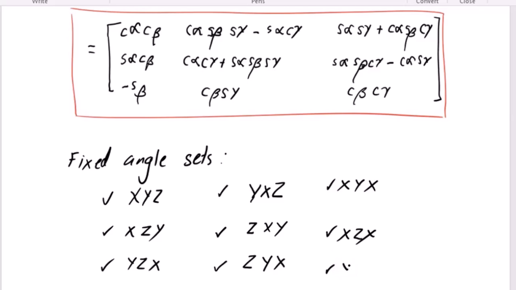This is Y, Z, Y. This is Z, Y, Z. There are two more. X in the middle. Y, X, Y. What else? Z, X, Z. Okay, Z, X, Z.